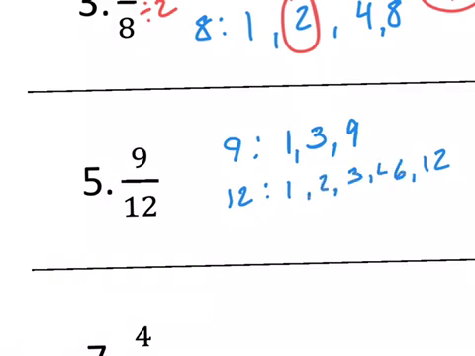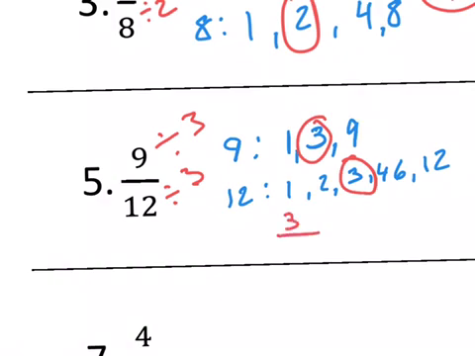And 3 and 4. 3 goes into 9 3 times, and then 3 goes into 12 4 times.